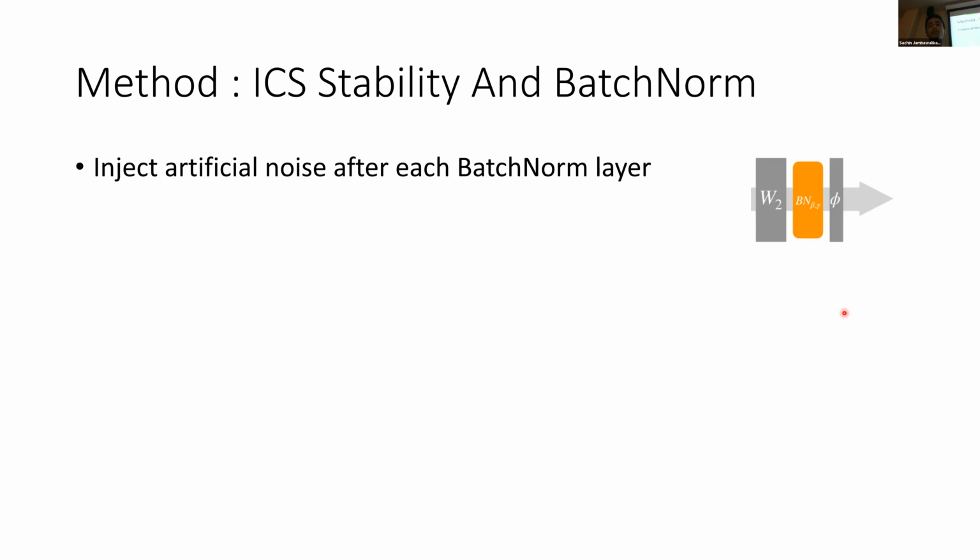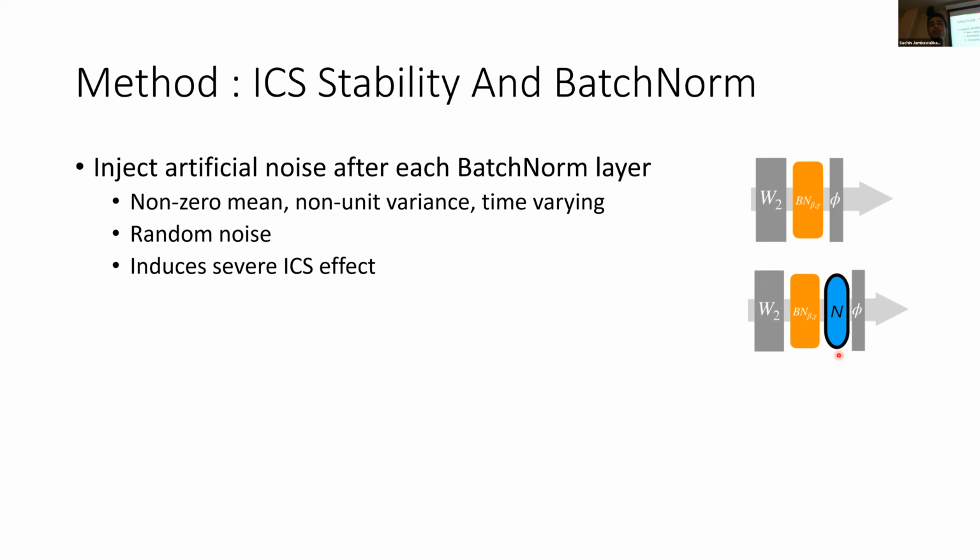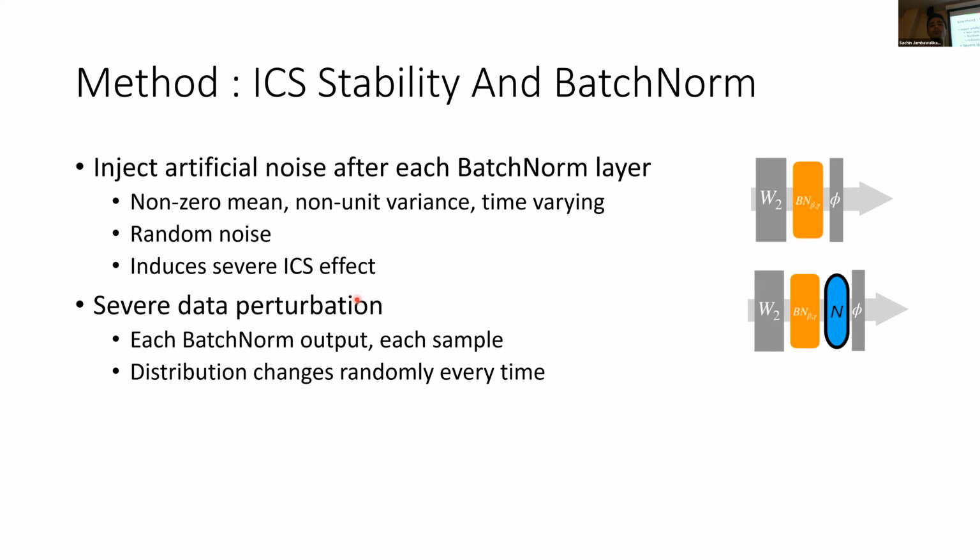So if this is a regular batch norm implementation, then after the output of each batch norm, they put some non-zero mean and non-unit variance random noise. And this noise is like manually increasing the covariate shift in each layer.